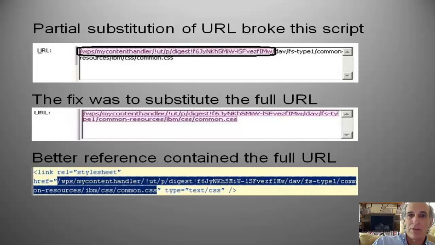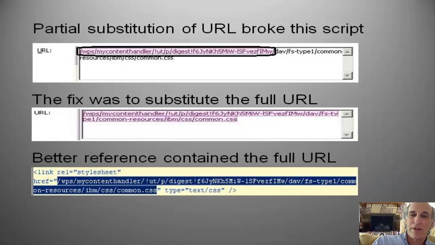And when I fixed the code, I did a substitution that was for the entire URL. And that's more likely to keep working. So the point is that you want to get the full URL from one reference if you can. And you don't want to break it up into little parts and get a piece from here and a piece from there.